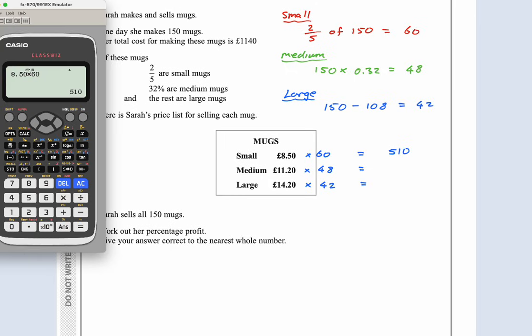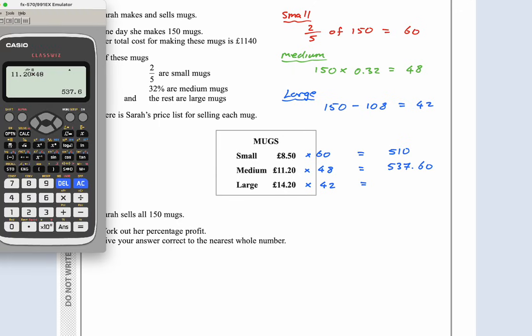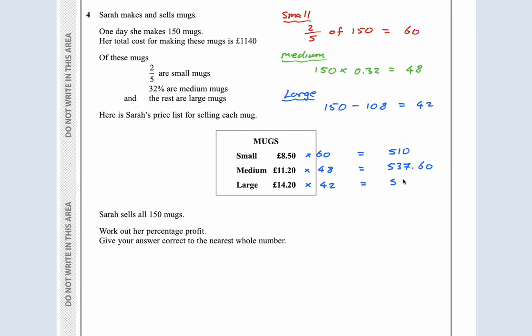Okay. Then 11.20 times 48. Oh, what did I do there? 11.20 times 48 is 537.60. And then large, 14.20 times 42, which is 596.40.